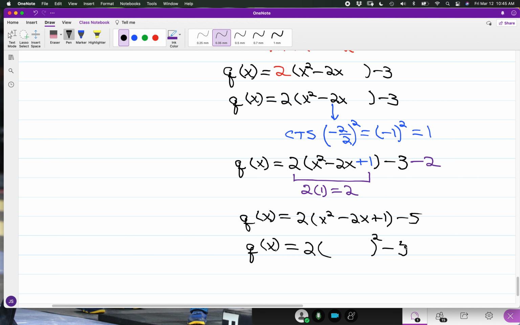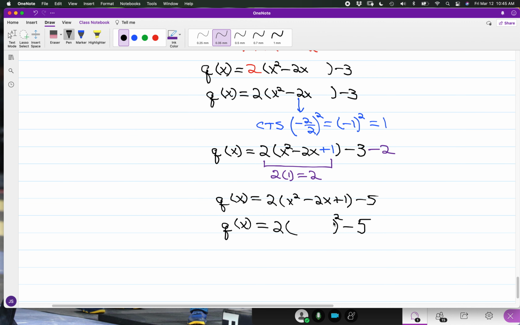Now your k value is already going to be negative 5. Now for x squared minus 2x plus 1, from the x squared, I have the square of x. Now in terms of where the rest is going to come in, the number we just squared to complete the square, we had taken the square of negative 1.